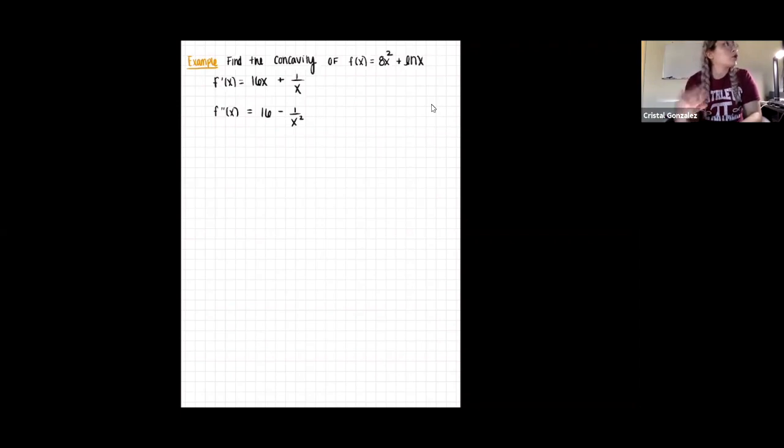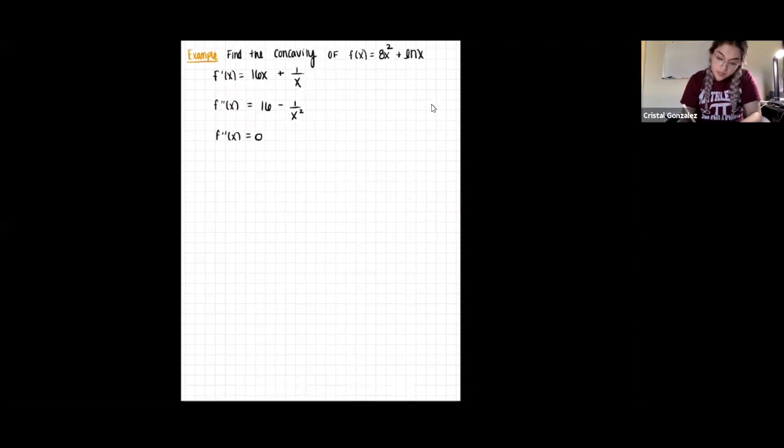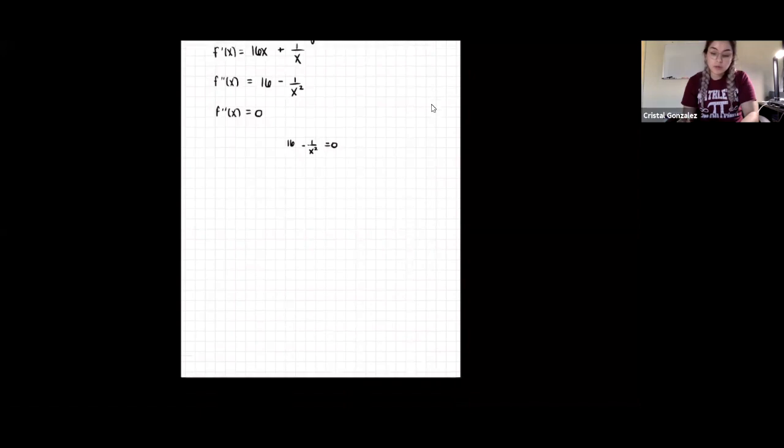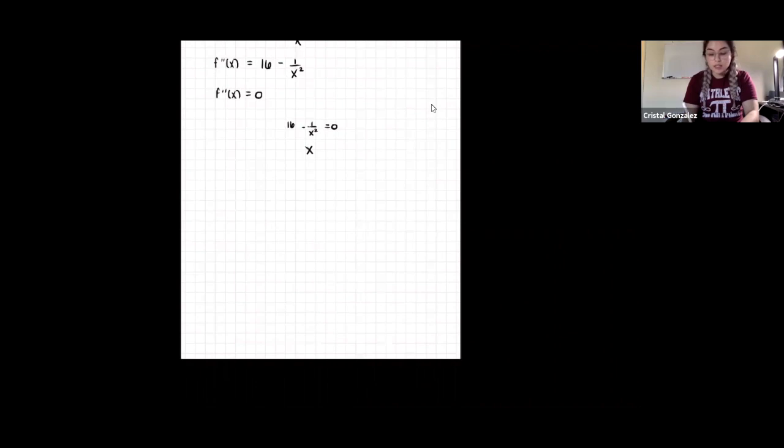And so now our job is to take f double prime of x and set it equal to 0 in order to find those points where we need to test. So we'll get 16 minus 1 over x squared, and we'll set it equal to 0. And when we set it equal to 0, hopefully you end up with x is equal to plus or minus 1 over 4. So if we solve for x, this is what we get.